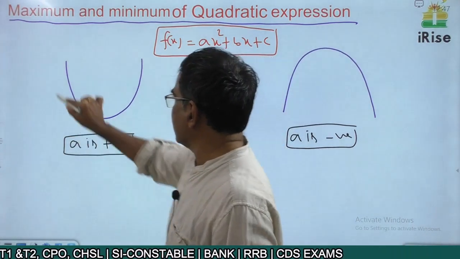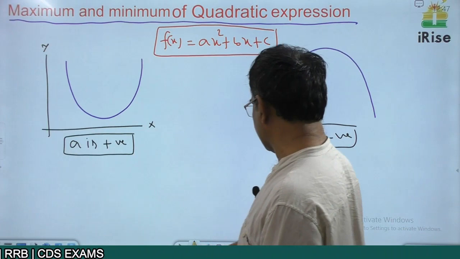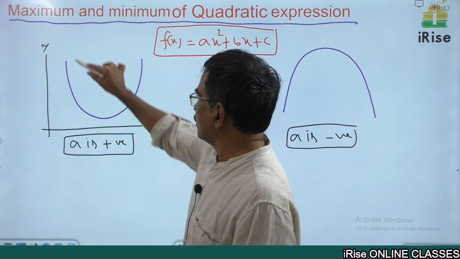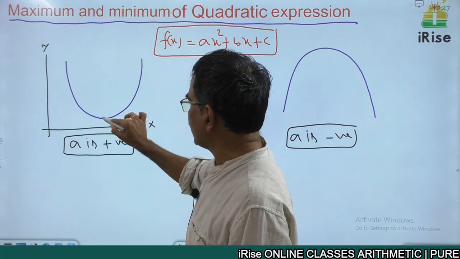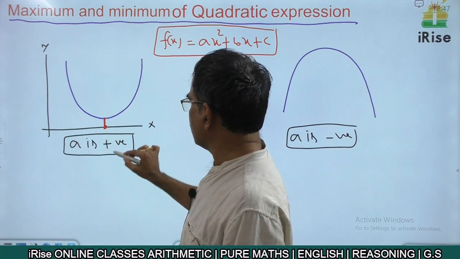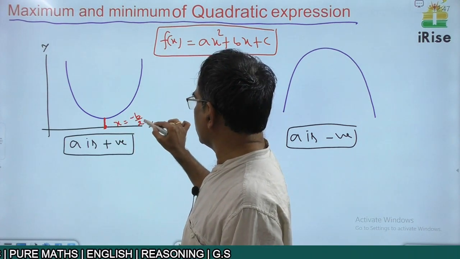If you consider the x-axis and y-axis, this curve has a minimum value at this point, which is x is equal to minus b by 2a.